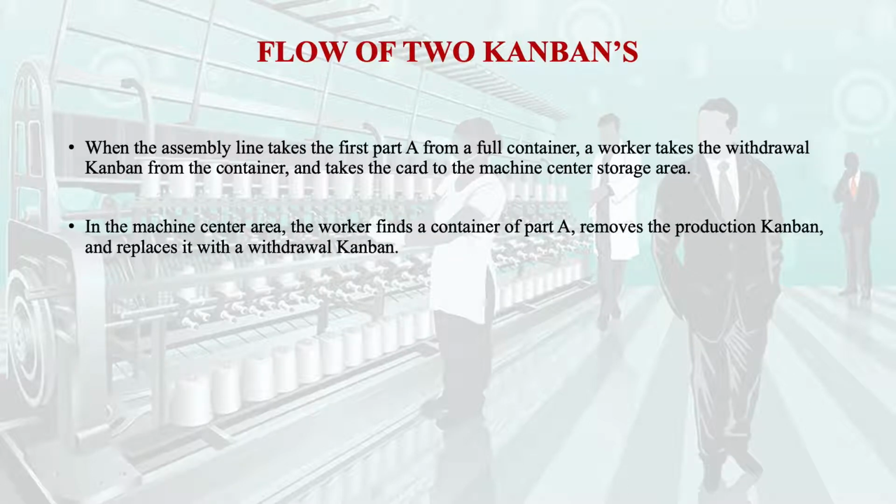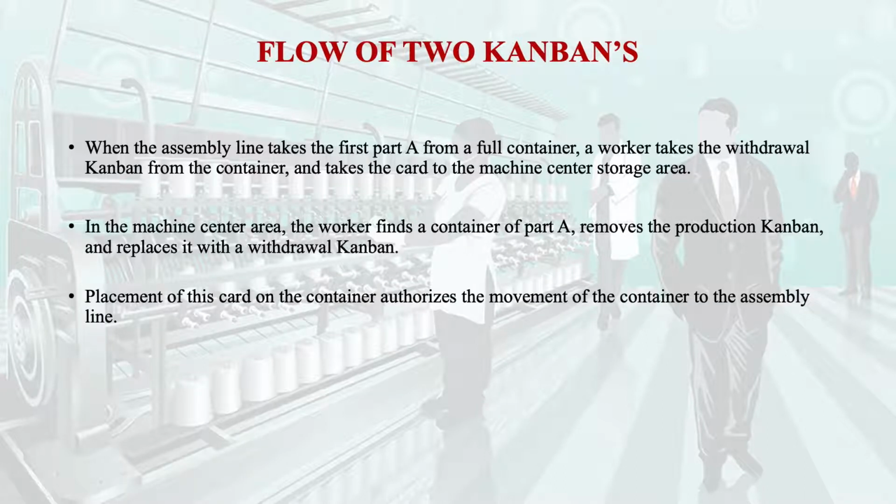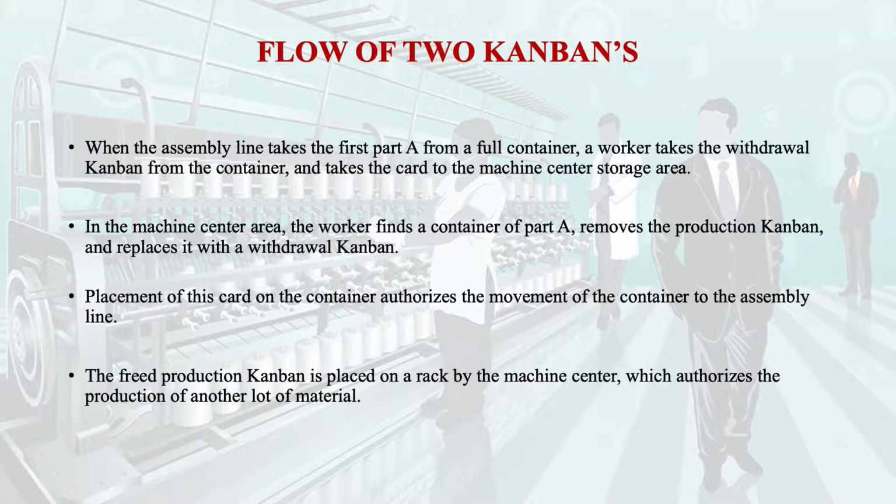In the machine center area, the worker finds a container of part A, removes the production Kanban and replaces it with a withdrawal Kanban. The placement of this card on the container authorizes the movement of the container to the assembly line. The freed production Kanban is placed on a rack by the machine center, which authorizes the production of another lot of the material.